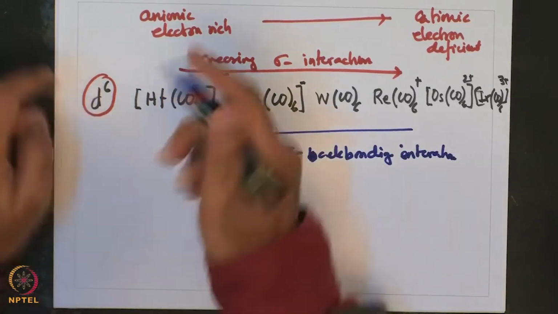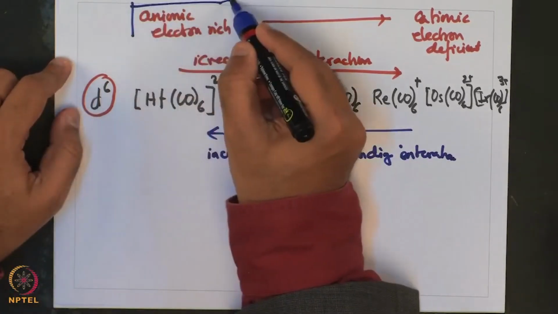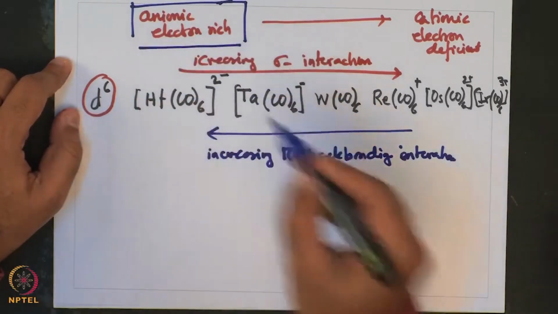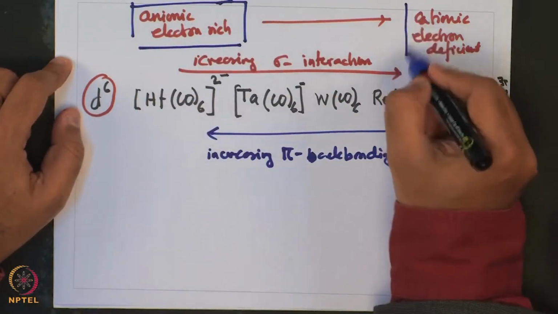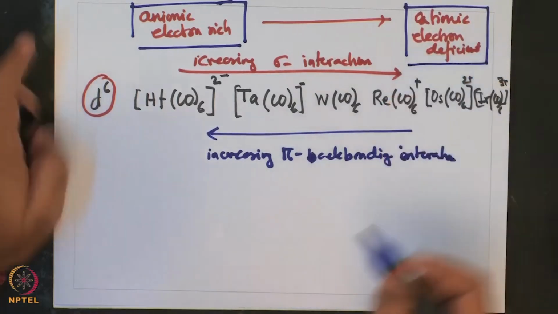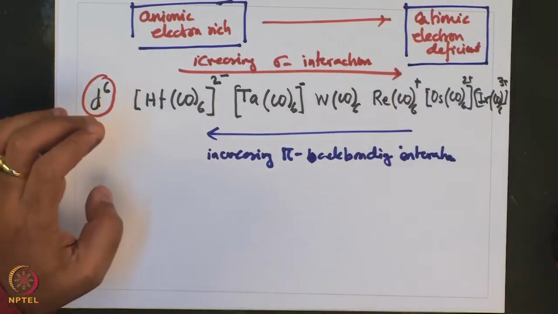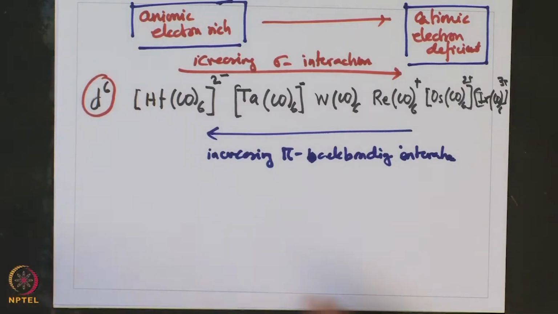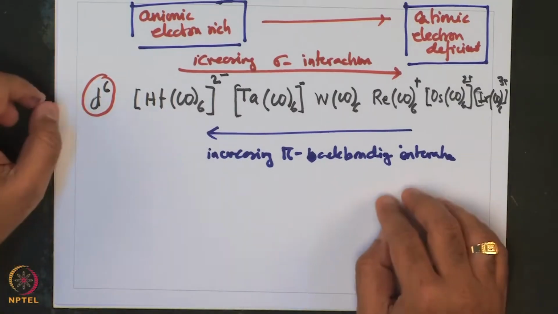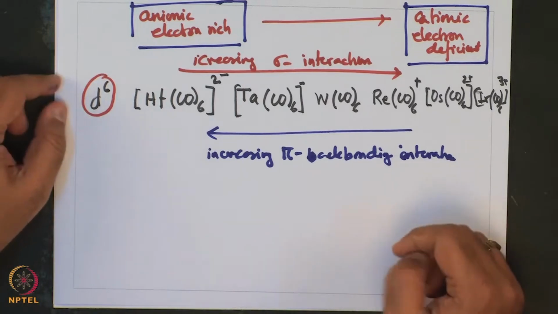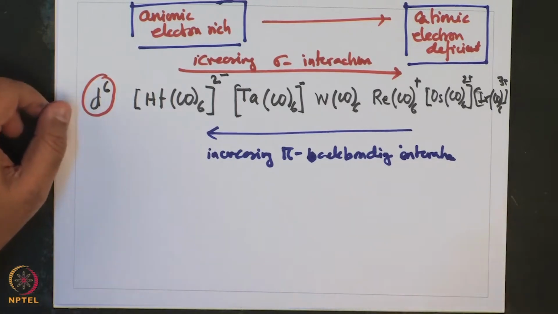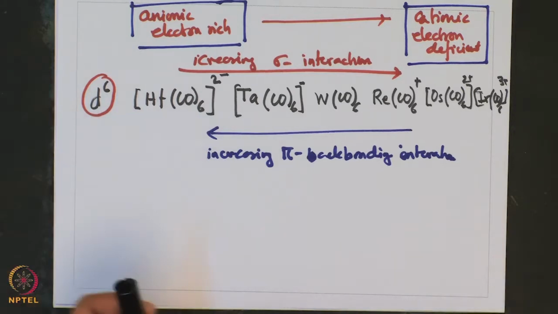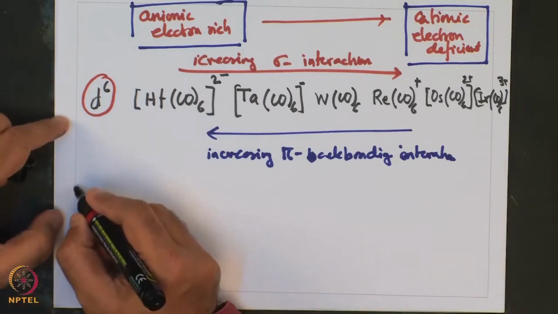So, on the left hand side, we have anionic electron rich complexes. On the right hand side, we have cationic electron deficient complexes which will not undergo pi back donation. For those which do not undergo pi back donation, the CO stretching frequency will be the highest, and that is exactly what we see.